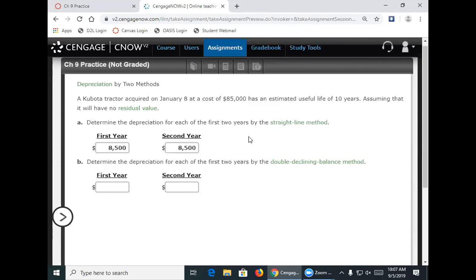So in this case, 100% divided by 10. I love it when they're easy, right? 10%. So the straight line rate is your first calculation. So you always take 100% divided by useful life in years. So 100% divided by 10, our straight line rate of depreciation is 10%.